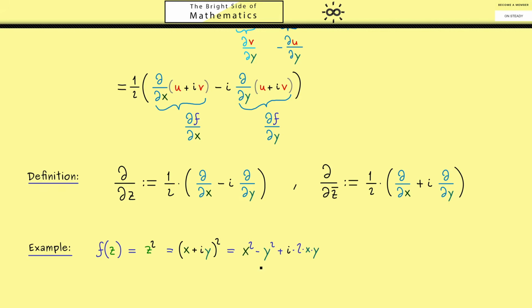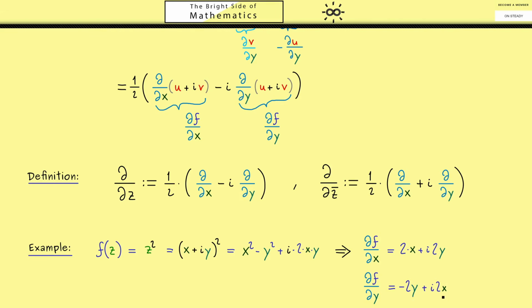Therefore, this first part here is our function u, and this part is our function v. With this, we can immediately calculate df dx, which is here 2 times x plus I 2y. And similarly, we can calculate df dy, which is here minus 2y plus I 2x.